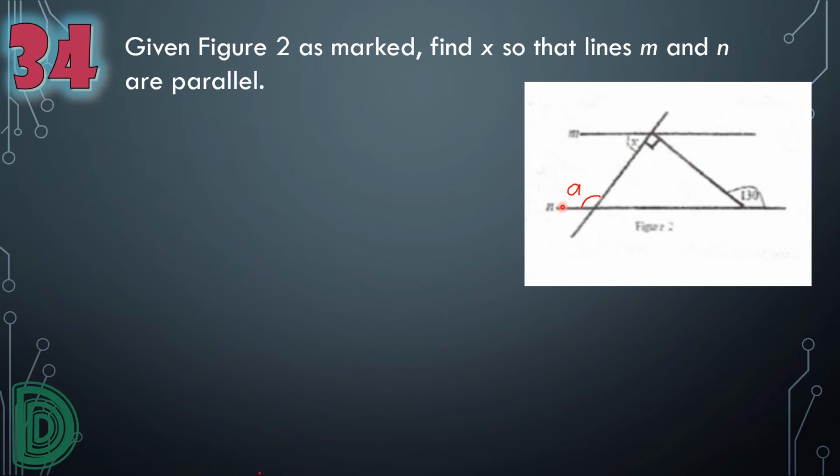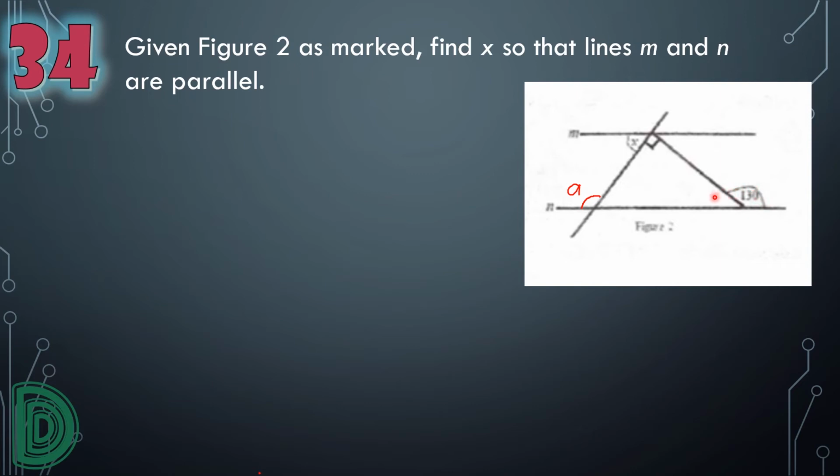In the figure, notice that angle A is an exterior angle in the triangle. The remote interior angles are 90 degrees and the other one is an interior angle forming a linear pair with another exterior angle that is 130 degrees.